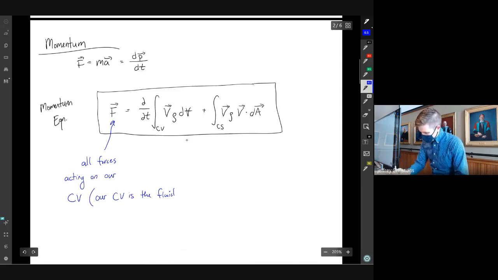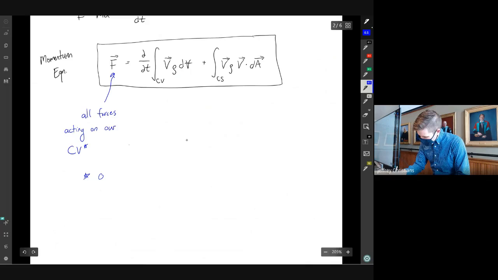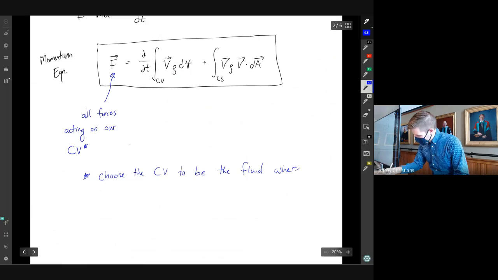Let me write it even more explicitly, with a little star: the fluid where velocity changes are occurring.